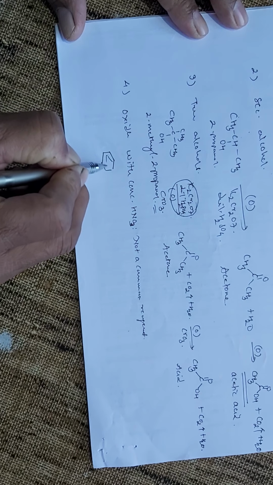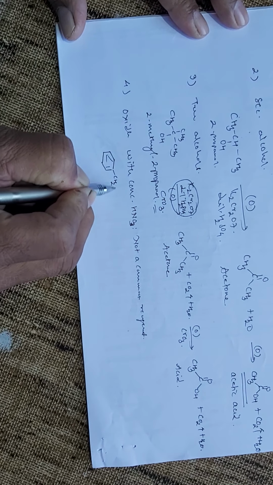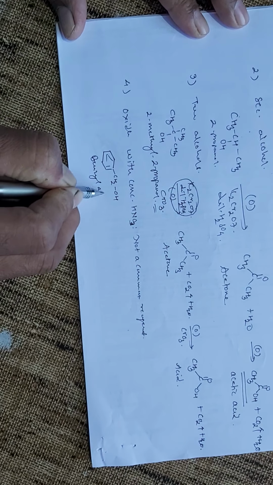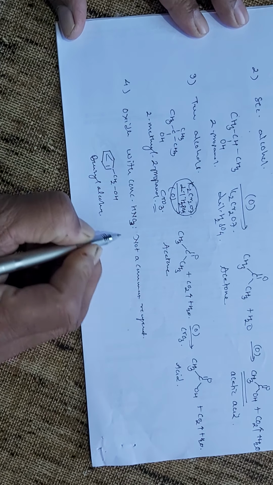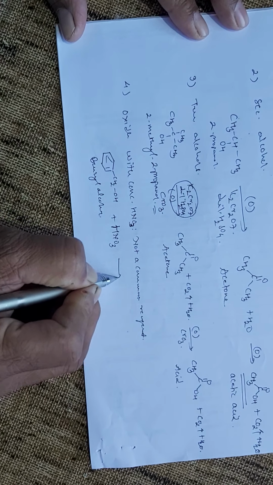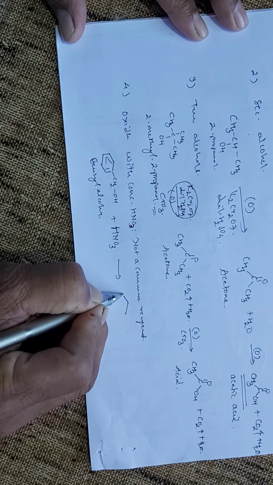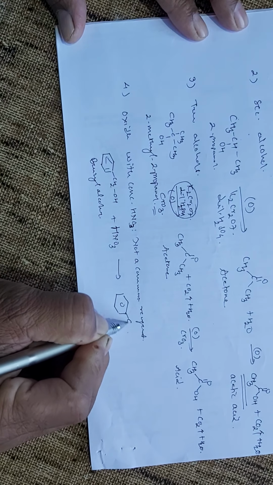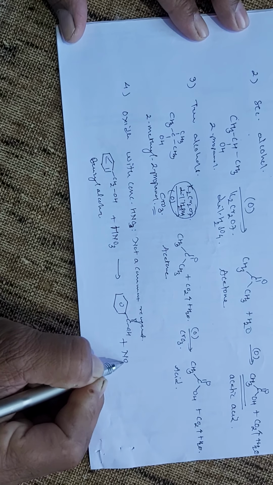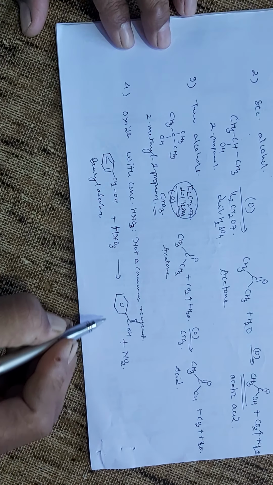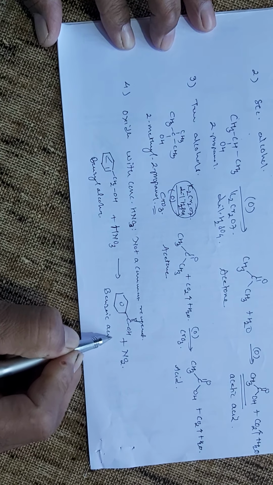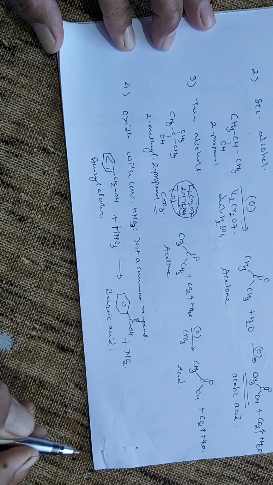The benzyl alcohol is oxidized by using concentrated nitric acid to give you the formation of benzoic acid as a product. And so here we get the formation of the acid directly from the alcohol, that is benzoic acid.